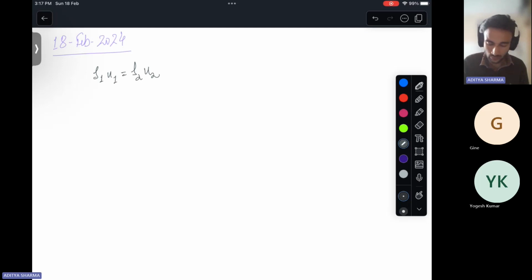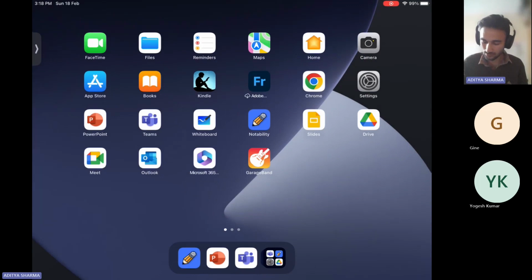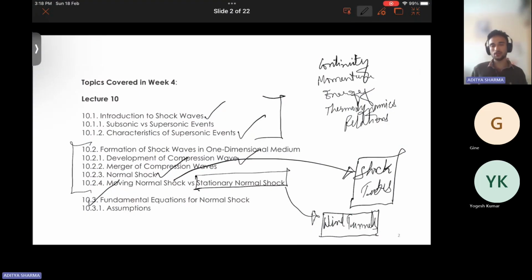Then the momentum equation is P1 plus rho 1 U1 square equals P2 plus rho 2 U2 square. Then the energy equation is H1 plus U1 square by 2 plus Q equals H2 plus U2 square by 2. Okay. So these are the fundamental equations that have been discussed in this particular topic.